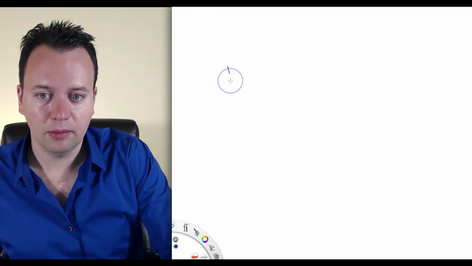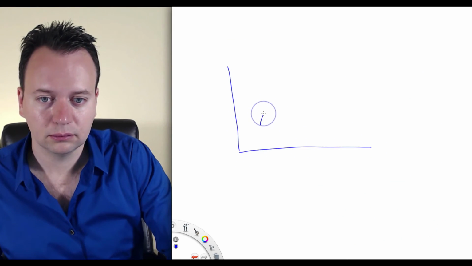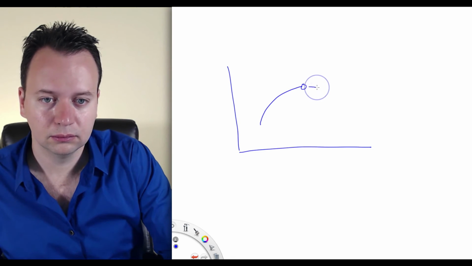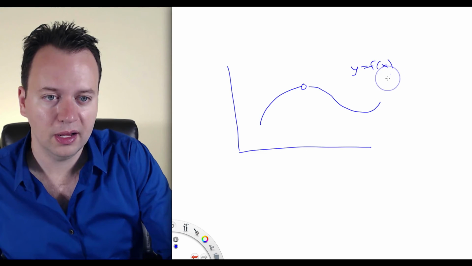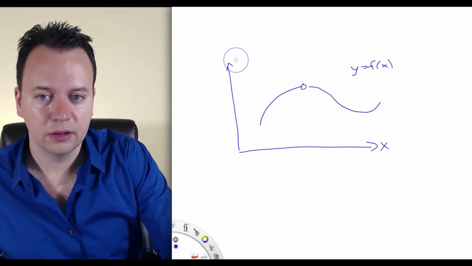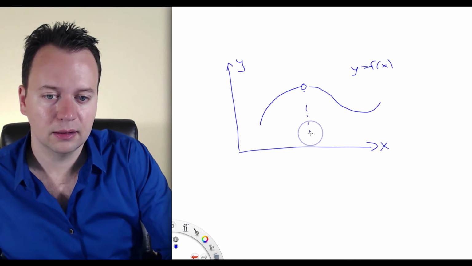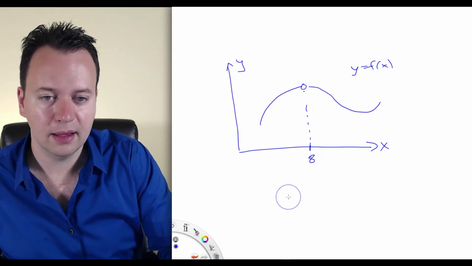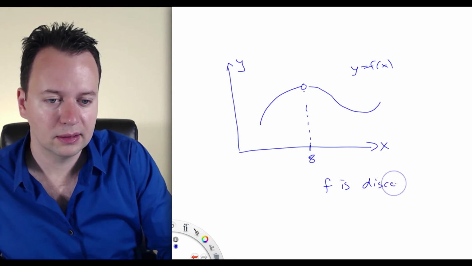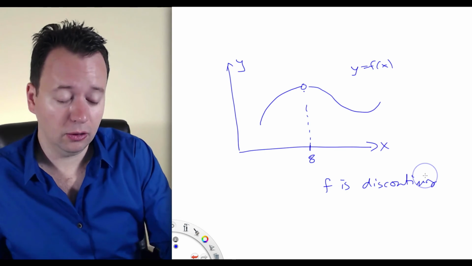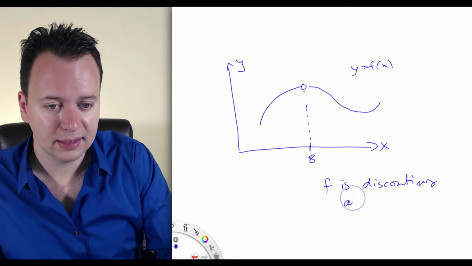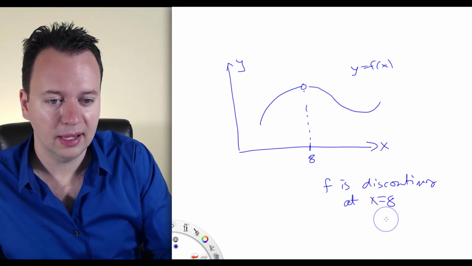Another example might be a function that looks like a regular function, but it has a hole in it. Let's say this is x is equal to 8. This function f is discontinuous at the point x is equal to 8.